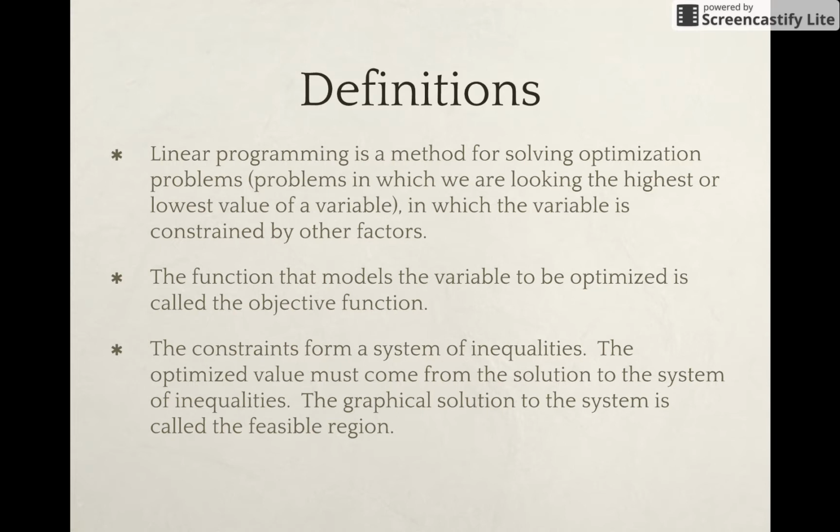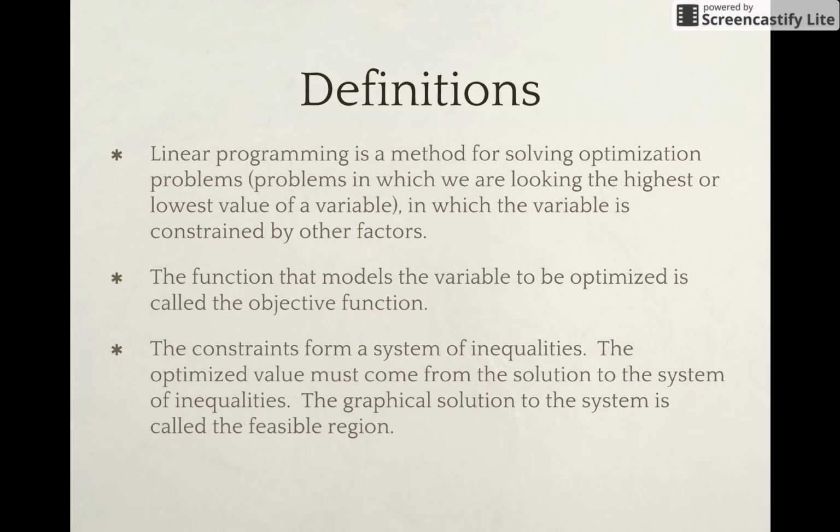However, if we were in manufacturing and keeping track of the number of defectives we were producing, then we would hope to minimize the number of defectives. Each of those things may be constrained by several other factors. This is what forms our constraints, and our objectives are the things we want to either maximize or minimize.